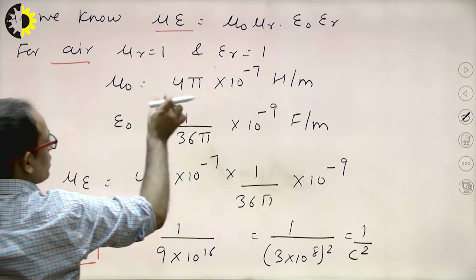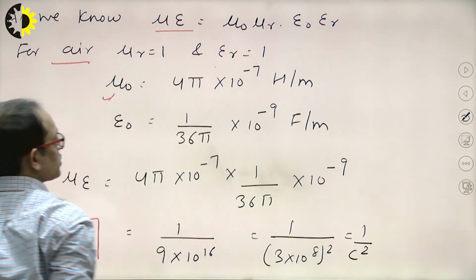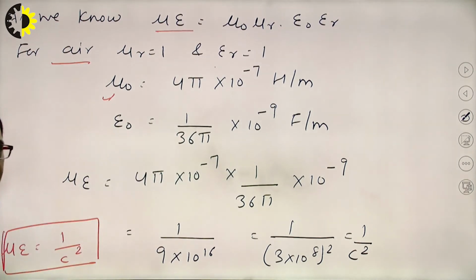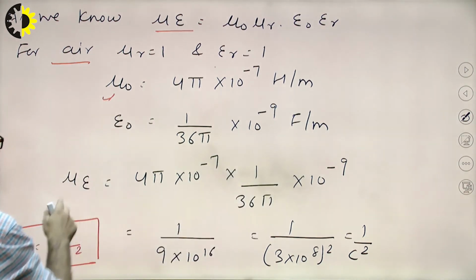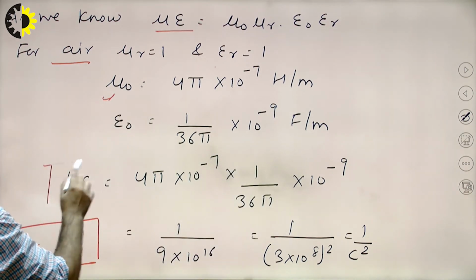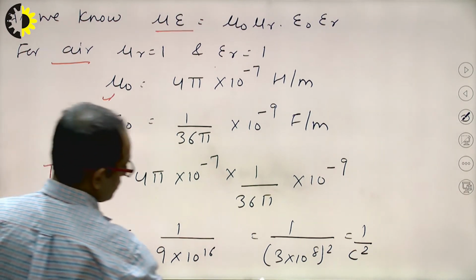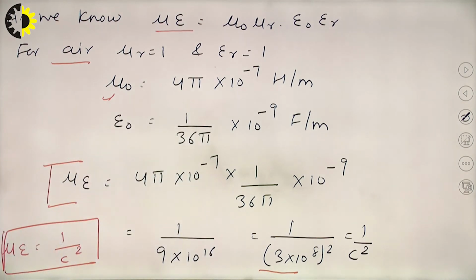Mu naught is 4 pi into 10 to the minus 7, epsilon naught is 1 upon 36 pi multiplied by 10 to the minus 9 farad per meter. On putting these values, mu epsilon comes out to be 1 by c square.